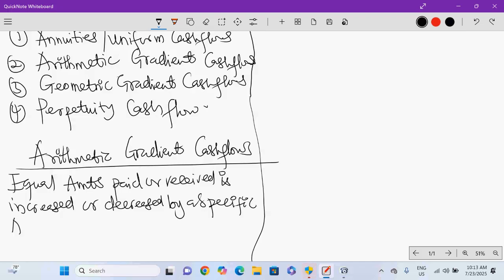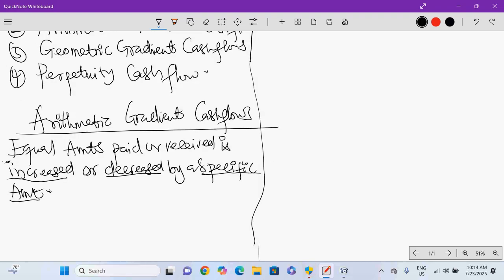By a specific what? Amount. So equal amounts paid or received is increased or decreased by what? A specific amount.